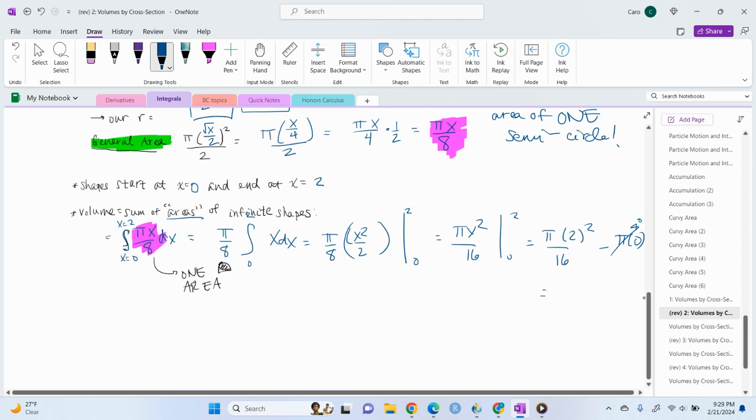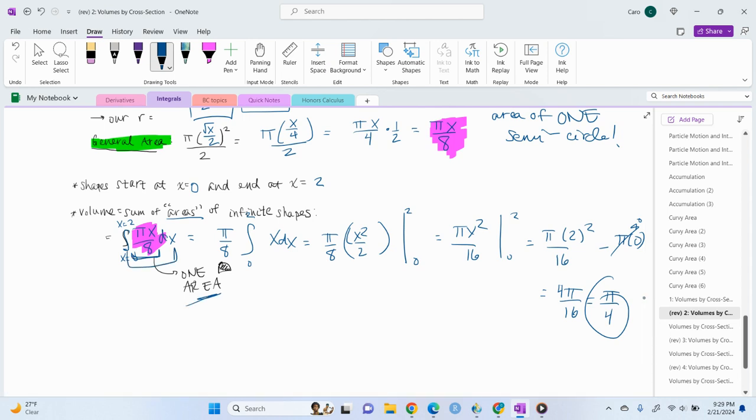That goes away. So I have 4 pi over 16, which is pi over 4. All right, cool. So again, this right here is area, and whenever you put a dx at the end, that makes it a volume. Keep that in mind.